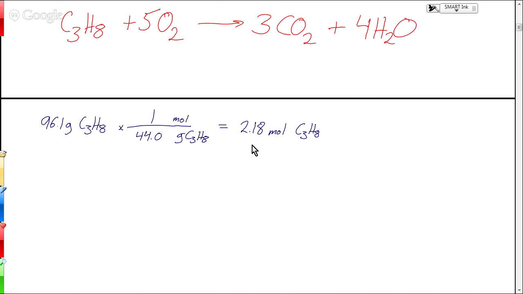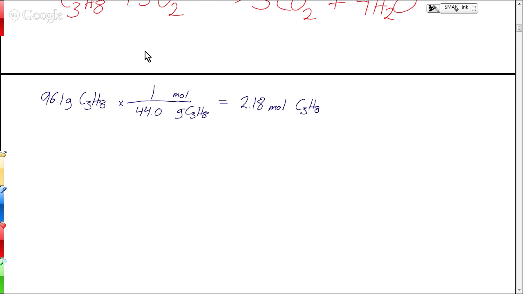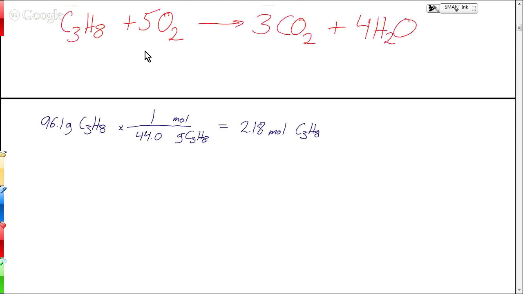You see where that comes from? We're always going to need 5 times the number of oxygen molecules as we have propane molecules. That's what the equation tells us. Another way to do this, when the numbers get trickier and it's not as easy as just multiplying by 5, is to think of this as a conversion.